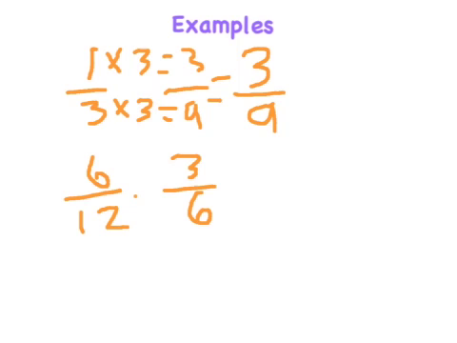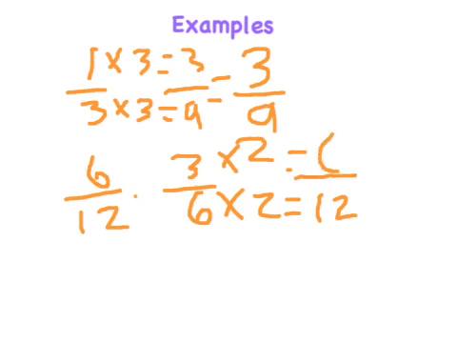And I know that if I multiply 6 times 2, it's going to give me 12. So I know that the denominators are the same. But again, whatever I do to the bottom, I have to do to the top. So then I'd multiply 3 times 2, and that would give me 6. Now I have another example of equivalent fractions.